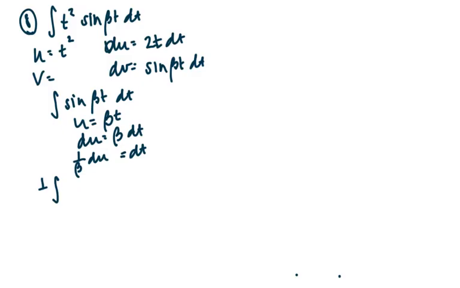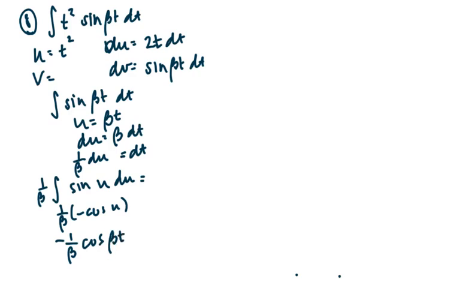So we have 1 over beta times the integration of sine u du. I think I skipped a step there, but this video only has 5 minutes, and I'm a little worried about it. And this equals 1 over beta, and the antiderivative of sine is negative cosine of u plus c. So we have negative 1 over beta cosine of beta t.